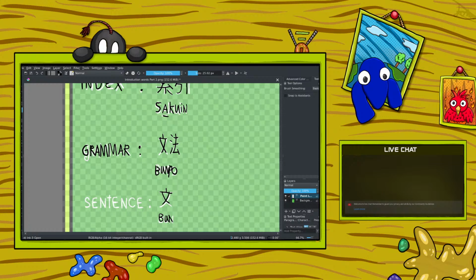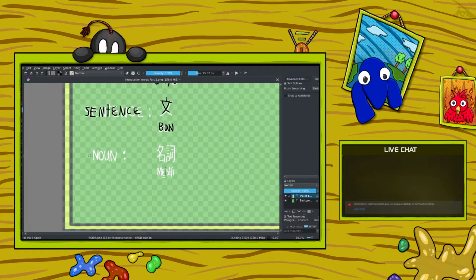Bun. A small letter change. And then of course nuance is where the meshi begins. So that's nuance is then of course meshi.